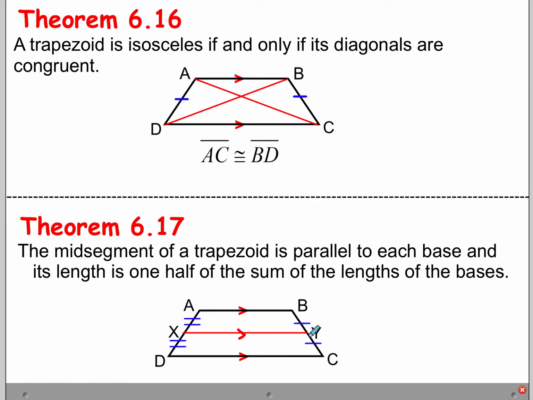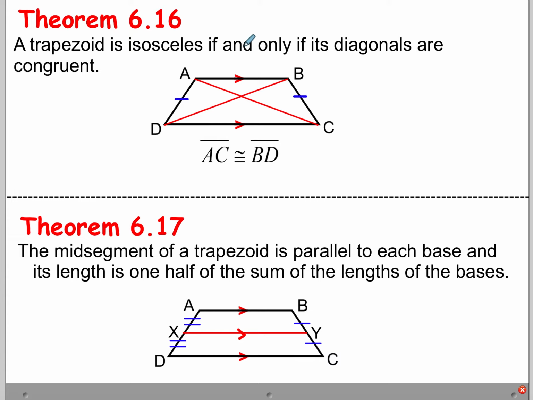That means that Y is directly between B and C. Y is the midpoint of BC. You could also say that XY bisects BC and XY bisects AD. So it's exactly halfway between the different base angles, and it's parallel to each base.